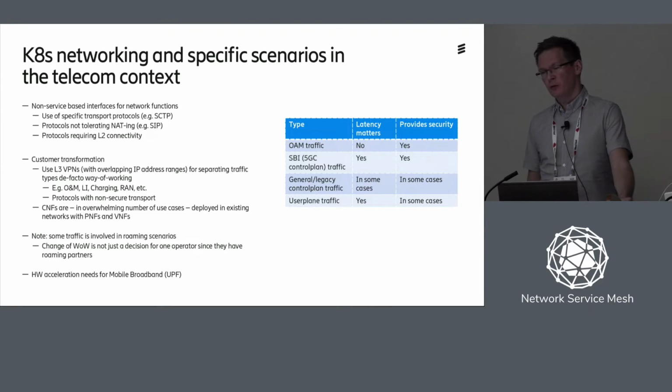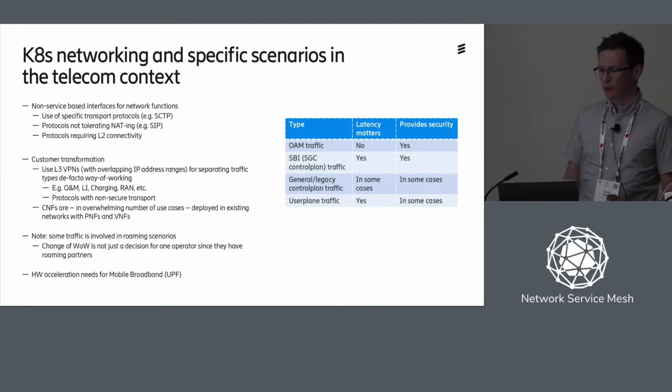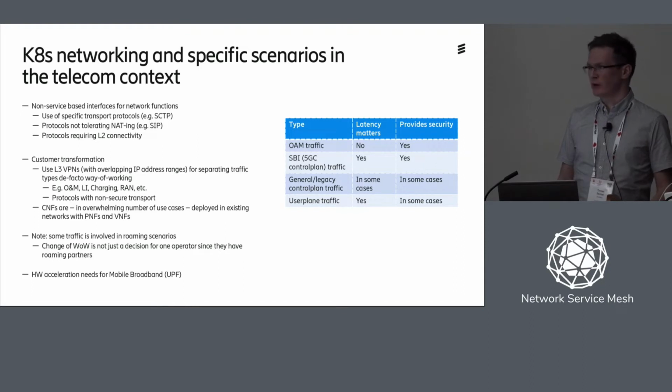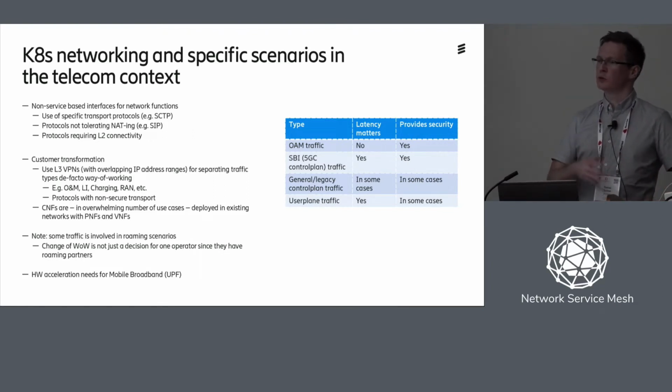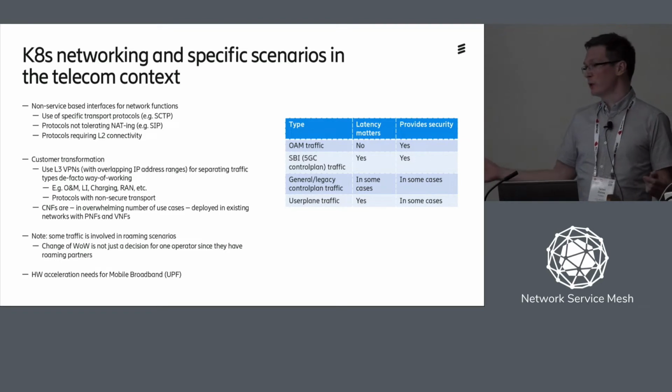And even if all of those could change, operators normally have roaming partners. Roaming allows you to use your mobile phone across different countries. So it doesn't help if one operator decides to change all of their networking to be super modern and cloud native. If their roaming partners don't change that and they still require legacy protocols, a legacy way of working, we have to adapt to that.